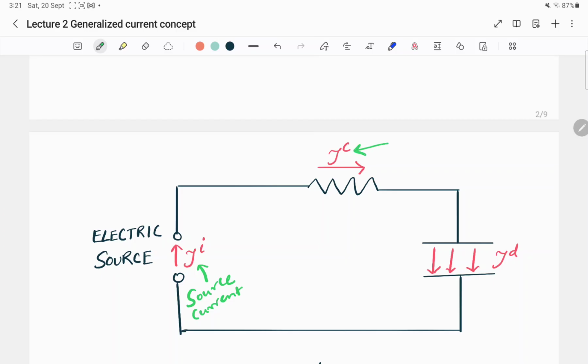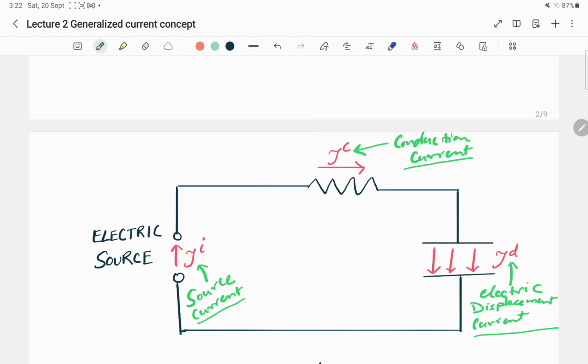This is conduction current. And this is displacement current or electric displacement current. So this is electric source current, this is electric conduction current, and this is electric displacement current.